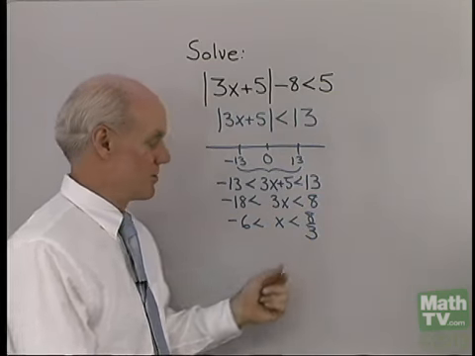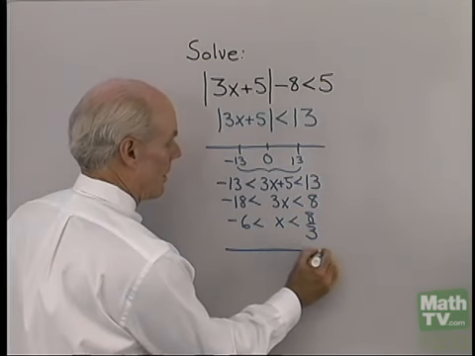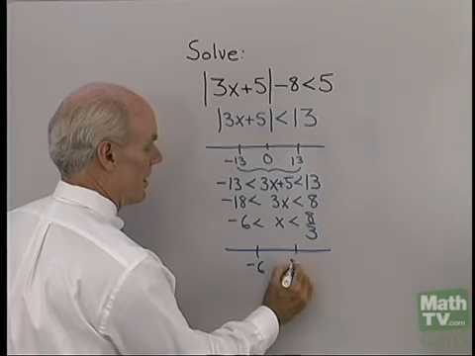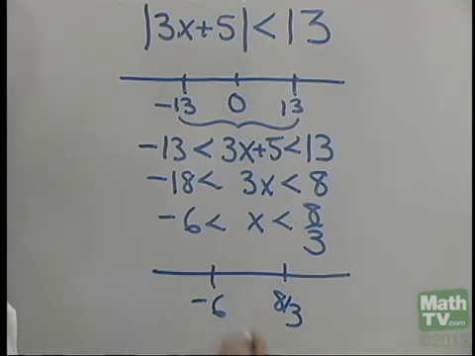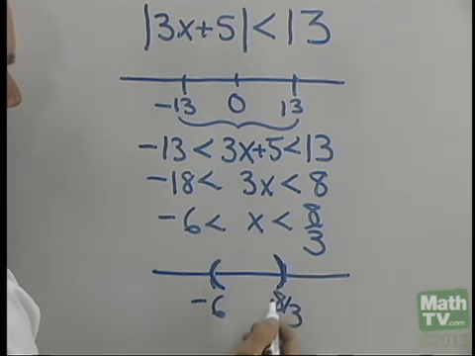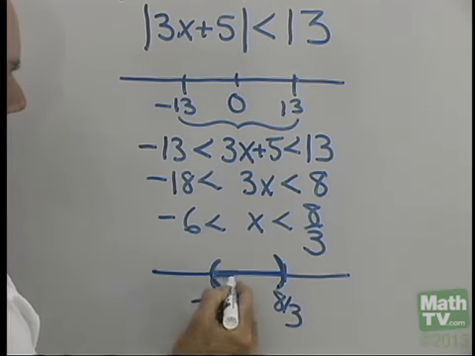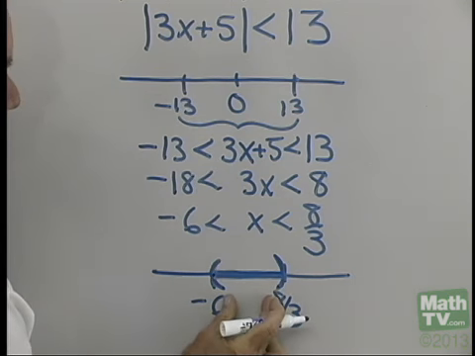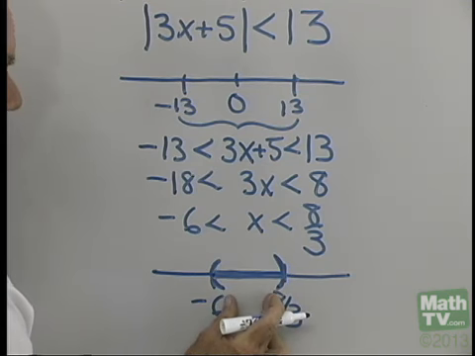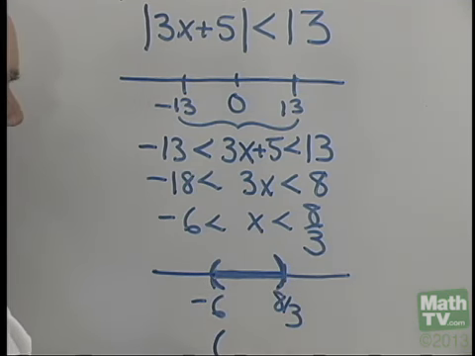Let's graph this solution set. I'll draw in the number line with a negative 6 here and an 8/3 out here. I'm going to use my open brackets here, and then I want to color in the middle. So this region on the number line corresponds to this inequality. Now I'll write the same expression using interval notation.